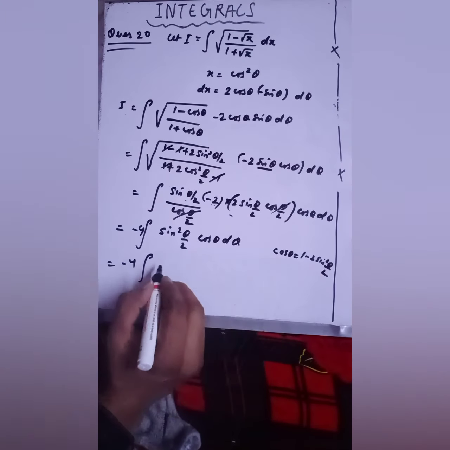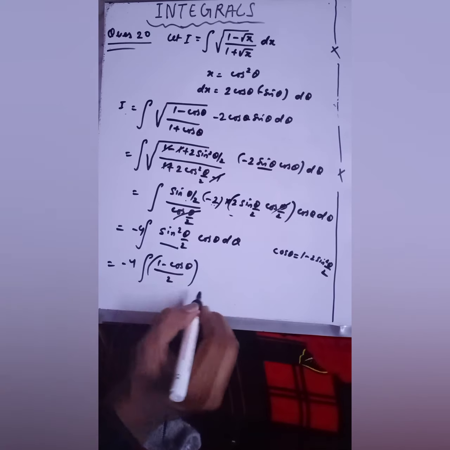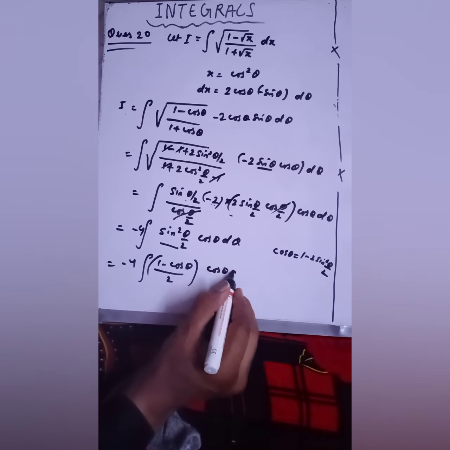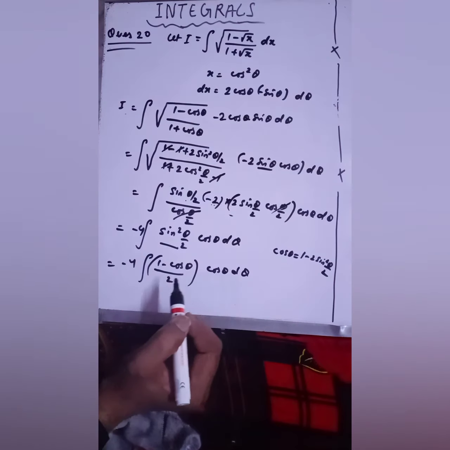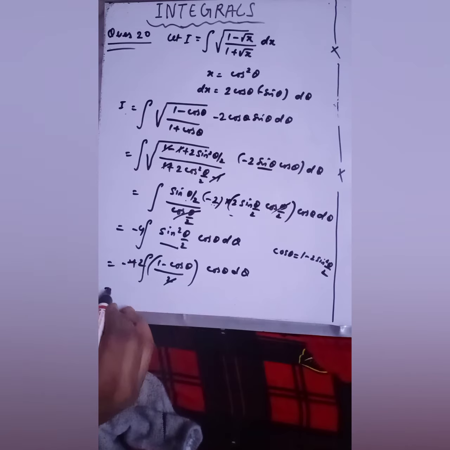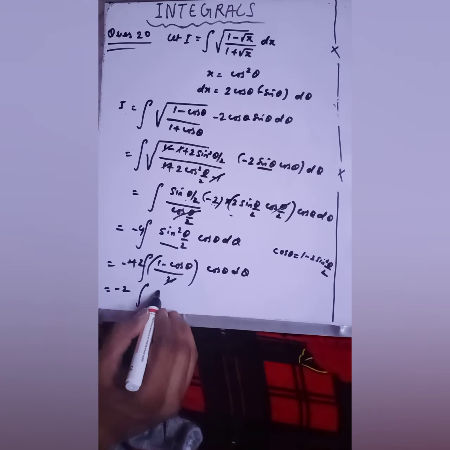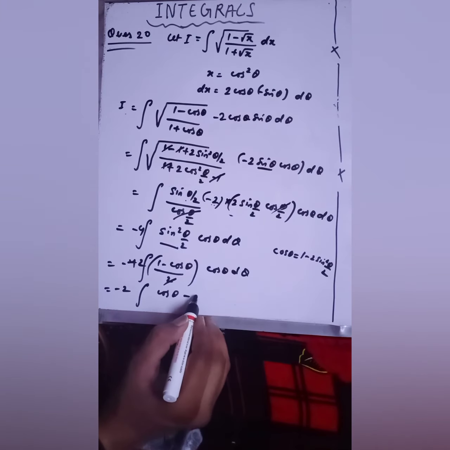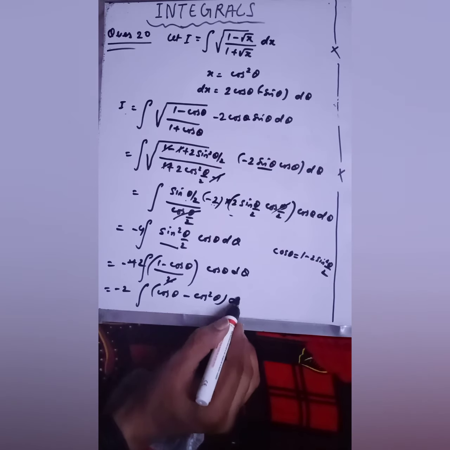I can write in place of this 1 minus cos theta over 2, into cos theta and d theta. Now I can cancel these two. It would be minus 2. Fine. Minus 2 and the integration of cos theta minus cos square theta into d theta.